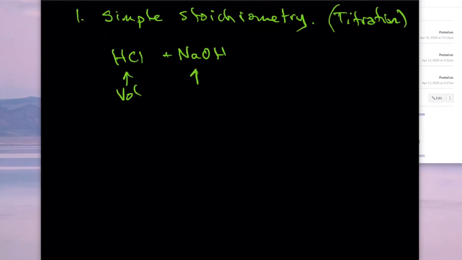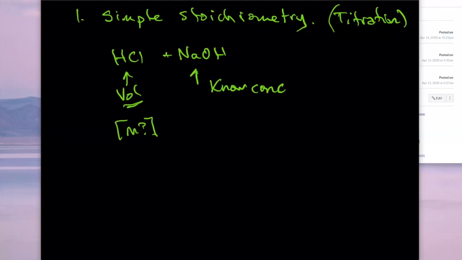If you have a strong acid and strong base and you have a certain volume here, but you don't know the concentration, but your titrant, which is usually what's in the burette, you do know the concentration, and you can dictate the volume.